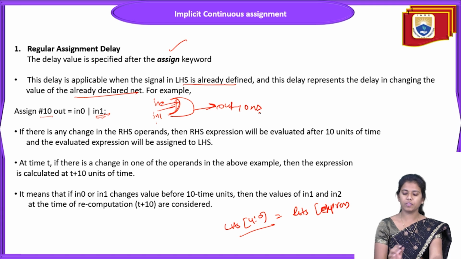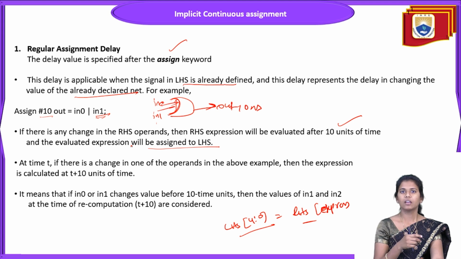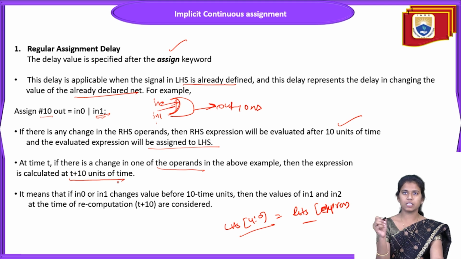If there is any change in the right-hand side expression, it will be evaluated after 10 units of time and then assigned to the LHS. Whatever values you assign, you will observe the same change at the output with 10 nanoseconds of delay. So at time t, if there is a change in one of the operands, the expression is calculated at t plus 10.